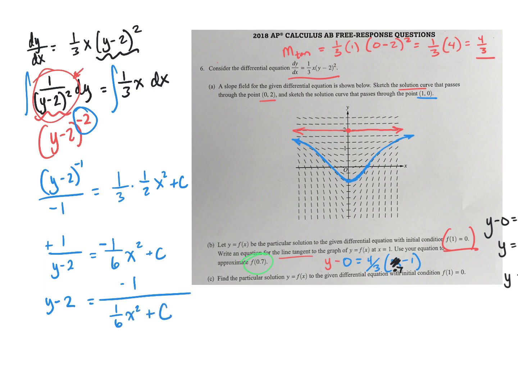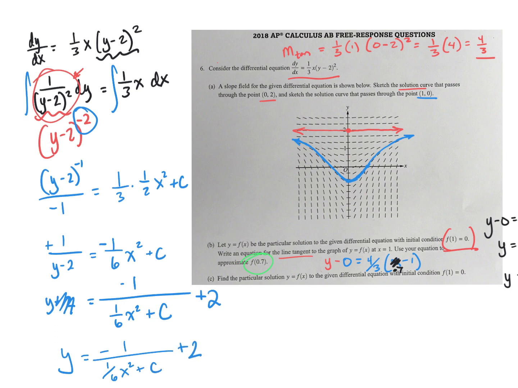And I'm going to add 2. So there's our general solution. Y equals negative 1 over 1/6 x squared plus c with a plus 2 tagged on the end.